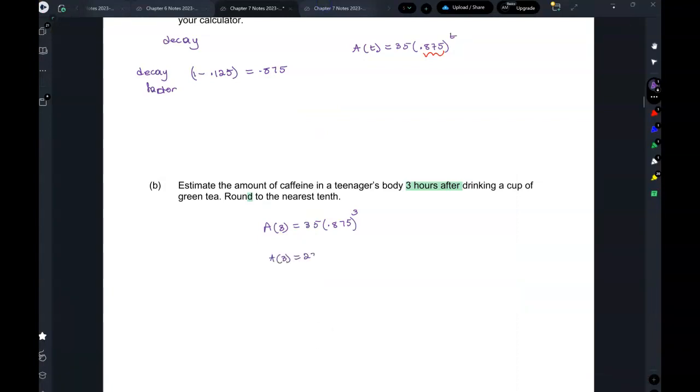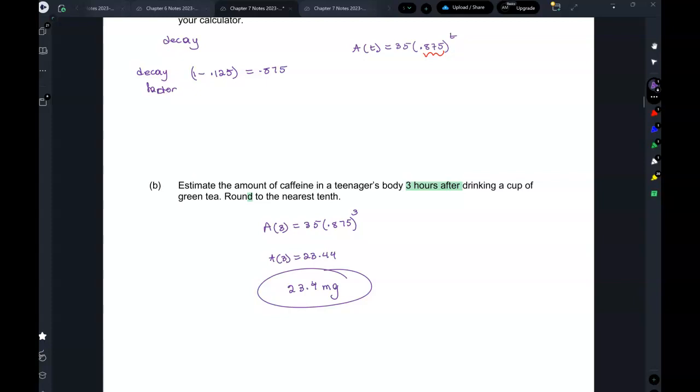Yes. It says to go to the nearest tenth. So 23.5, no, 23.4, because it was 444. So it's 23.4 milligrams after 3 hours.